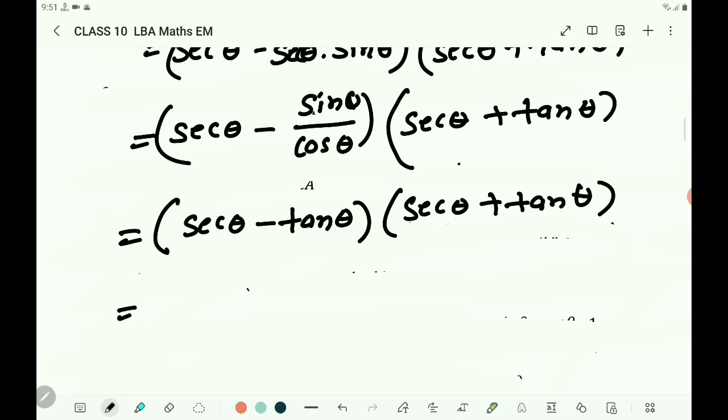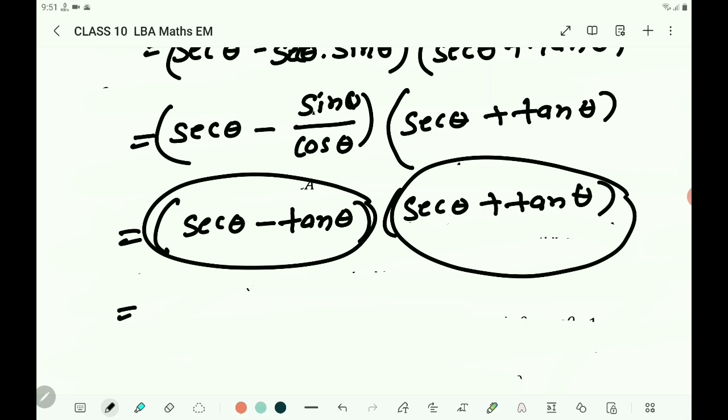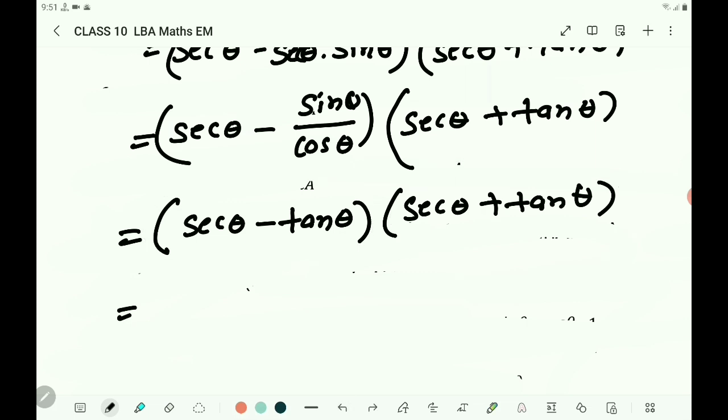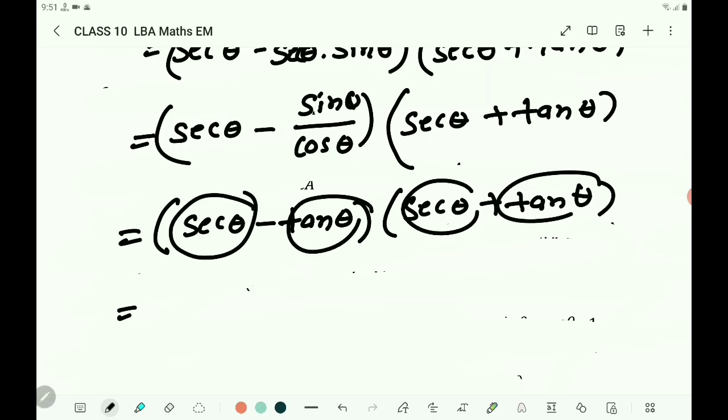Then you write secant theta minus tan theta into secant theta plus tan theta. You can use the identity a minus b into a plus b, which is a square minus b square. So it is secant square theta minus tan square theta.